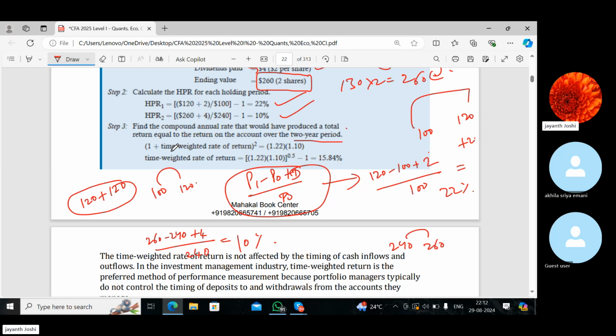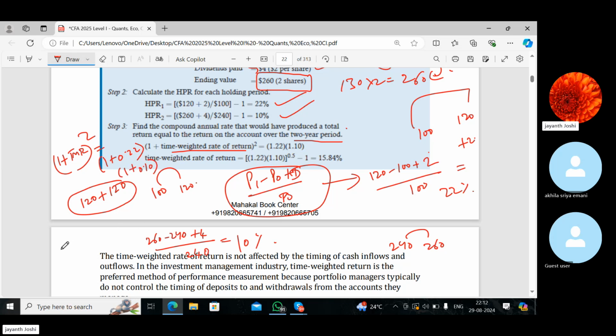So 1 plus time weighted return, whole square. See, when I speak about compounding, I take 2 years into picture. That is, 1 plus time weighted return whole square is equal to 1 plus 22%, that is 0.22, into 1 plus 10%, 0.10.